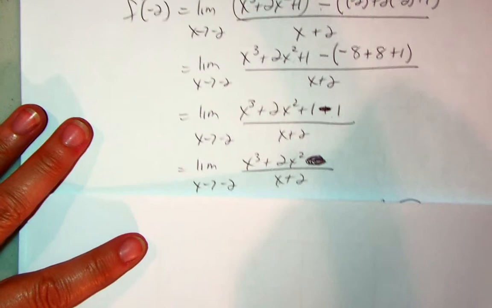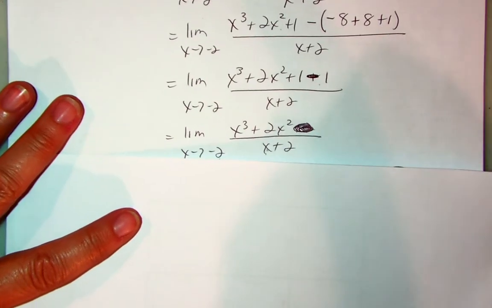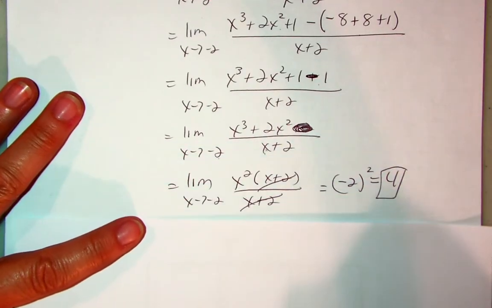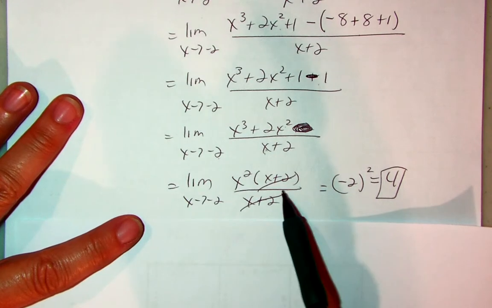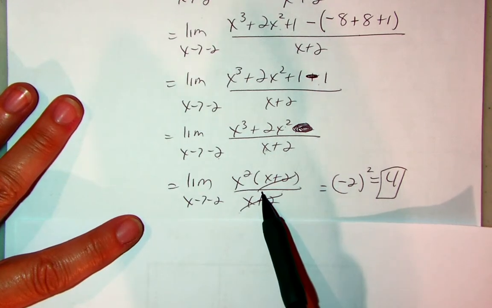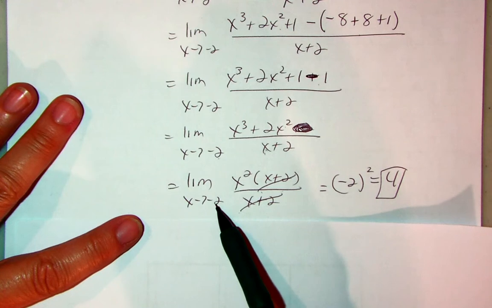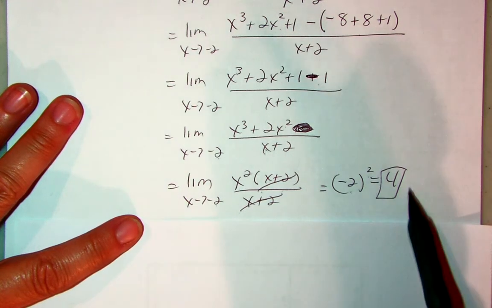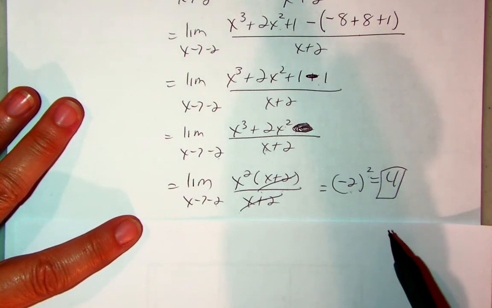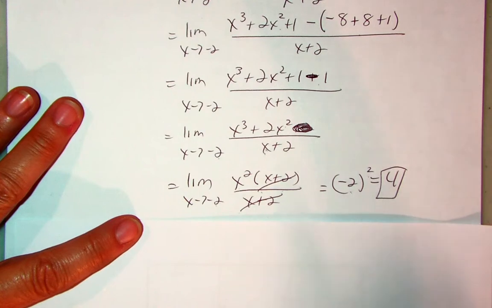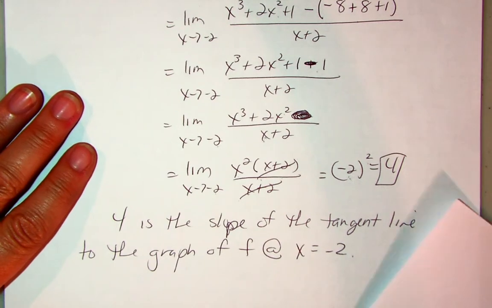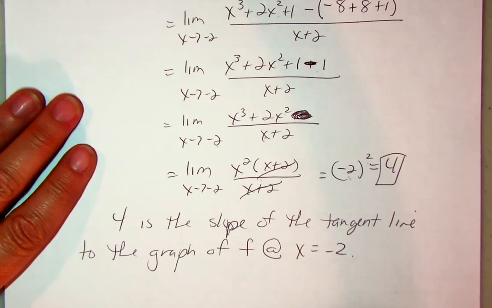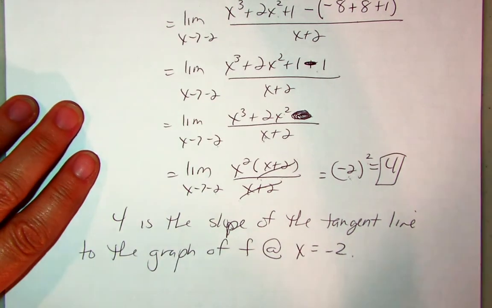I'm hoping I can find a factor in the numerator that's x plus 2. In fact, I can factor an x squared out of both. I'm left with the x plus 2. There's my common factor. So now I can take my limit: -2 quantity squared equals 4. So I just found my limit at -2 on the graph of f. 4 is the slope of the tangent line to the graph of f at x equals -2.